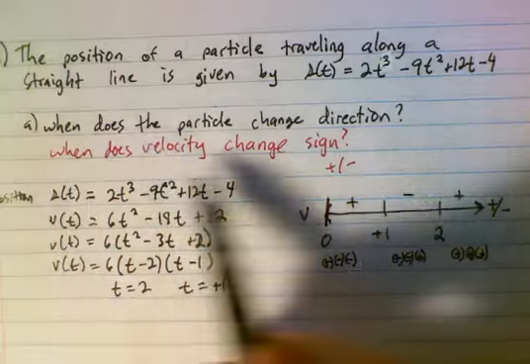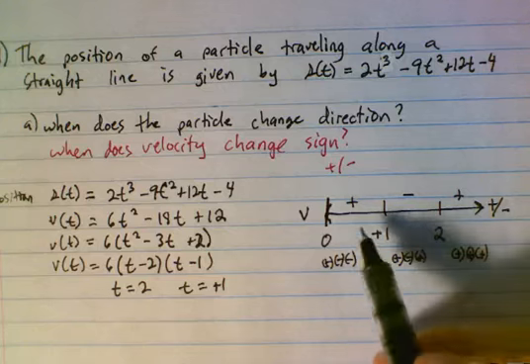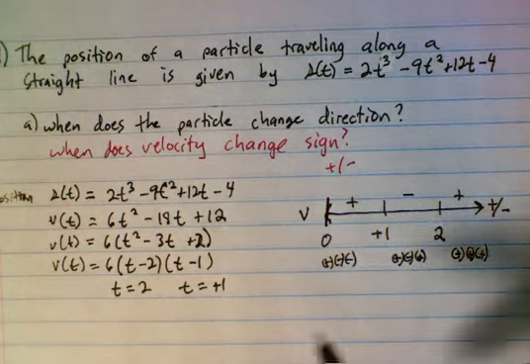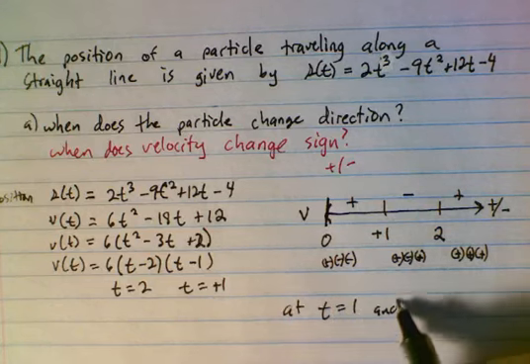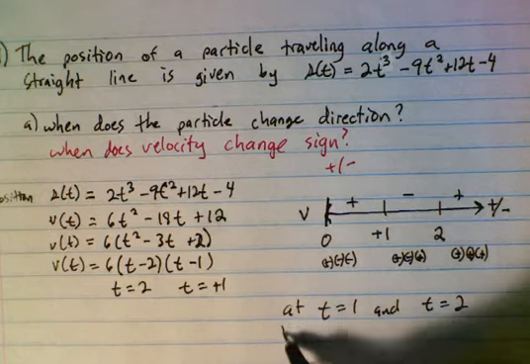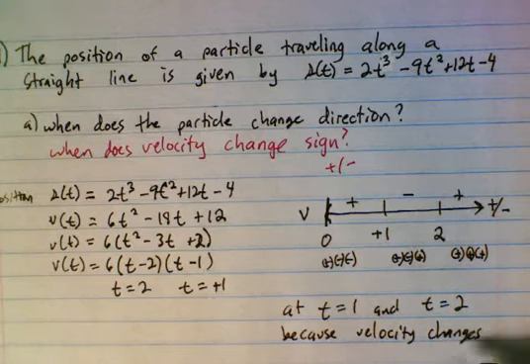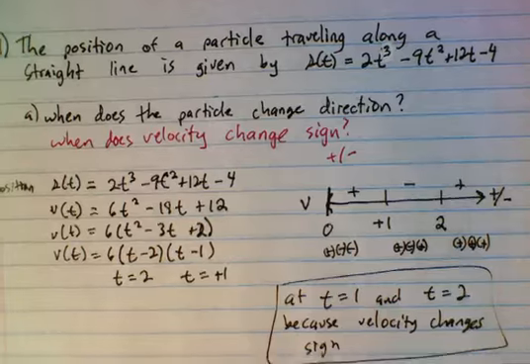So, when does velocity change sign? At 1 and 2. We have a switch from positive to negative and a negative to positive. And there we go.